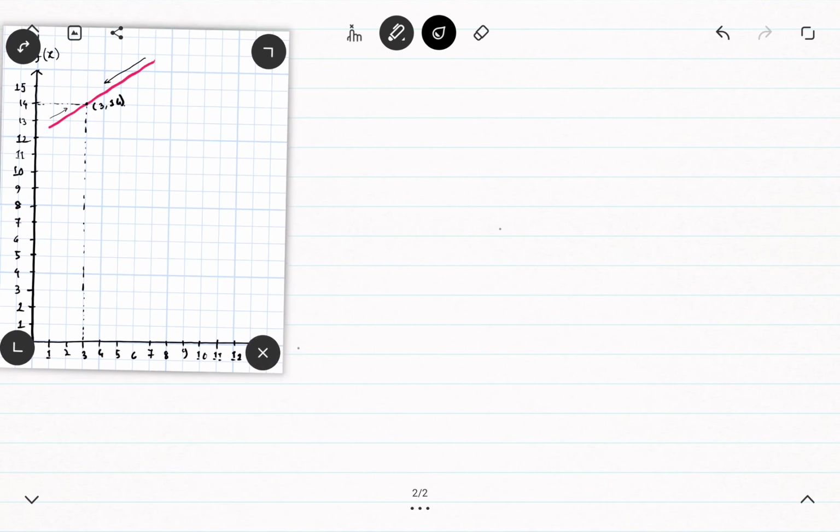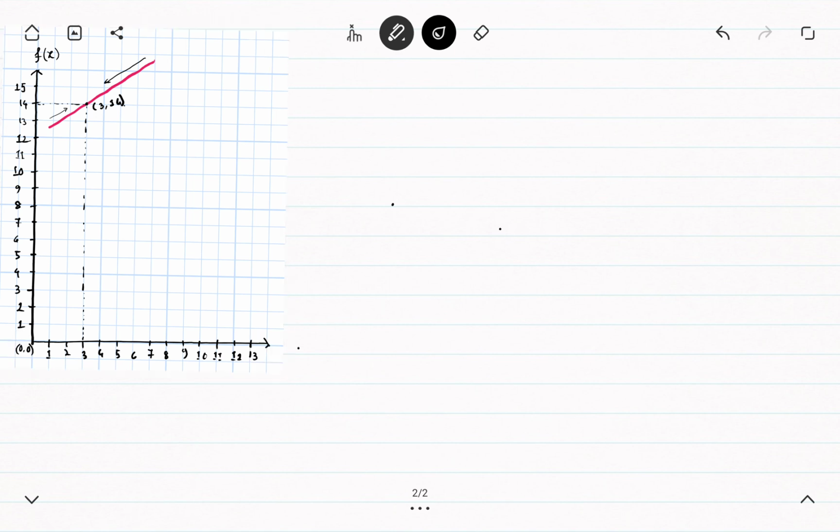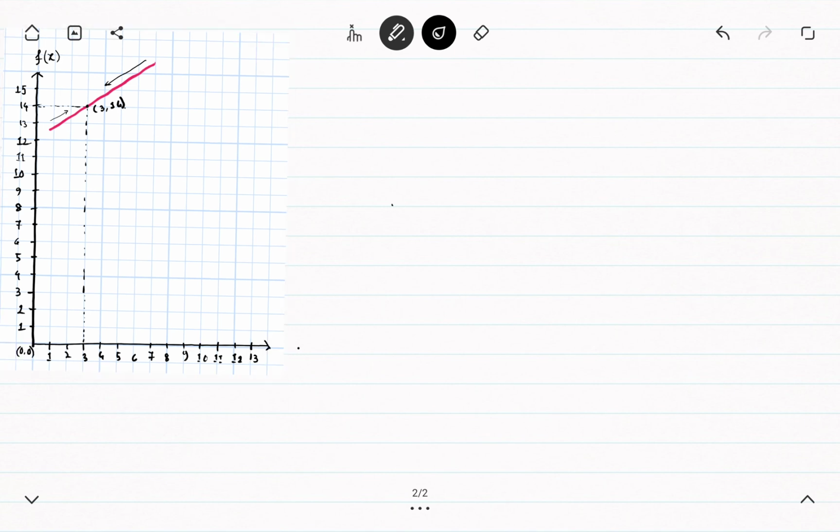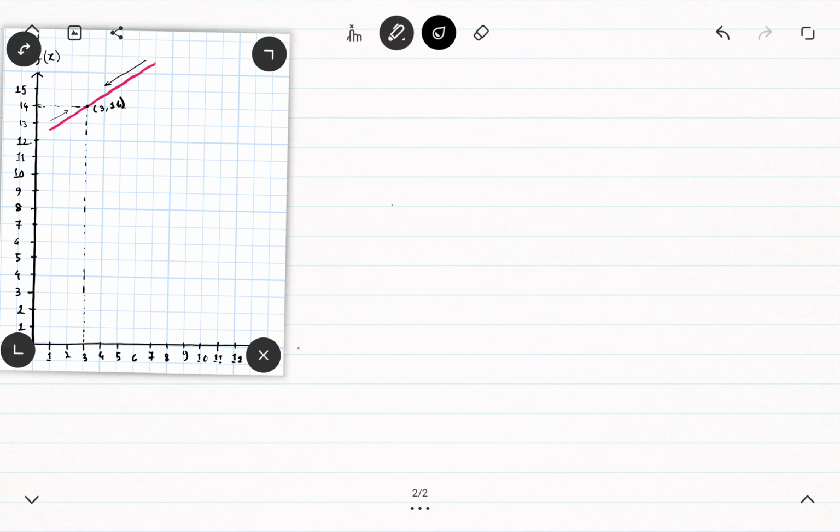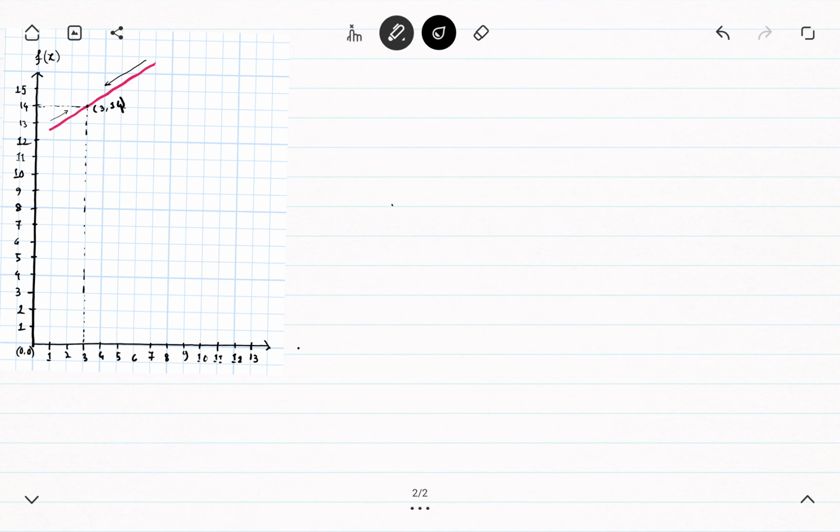If you draw a curve or a graph, you will get a straight line here, which passes through the point (3, 14). Okay, so this is (3, 14).